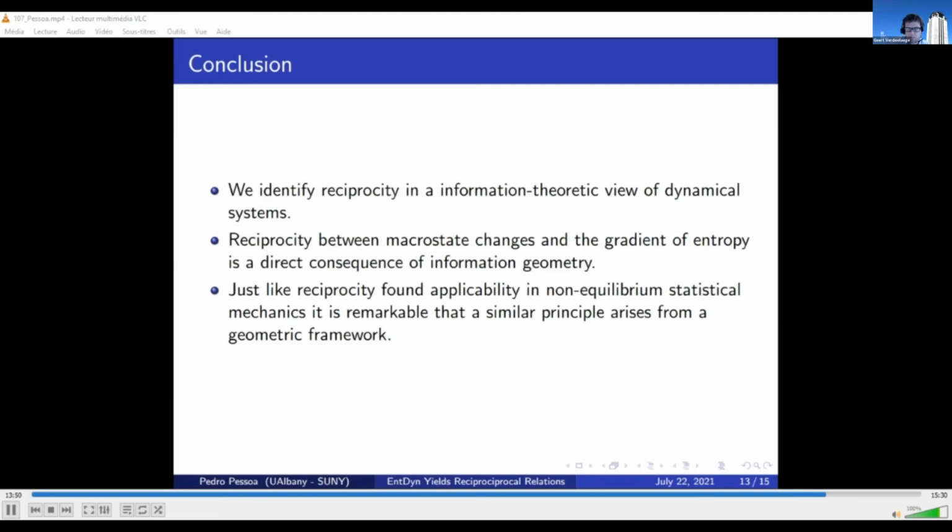So reciprocity is a direct consequence of the information geometric structure. Now, just like reciprocity has an important role in physics, it's remarkable that it can also be found in more generic dynamical systems through geometry.